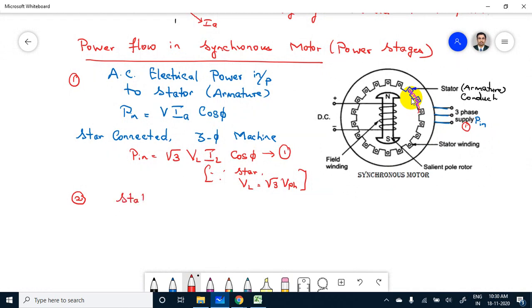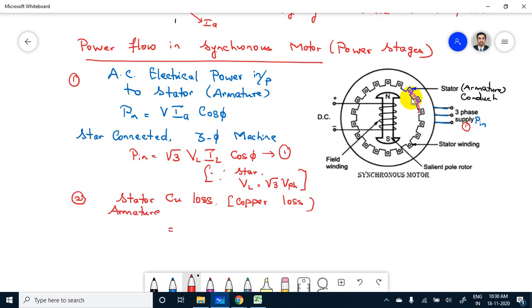That is nothing but stator copper loss. Because the windings are made up of a copper material, so it will be stator copper. Cu stands for copper. Okay, it will be copper loss. Stator copper loss means which is available in armature.